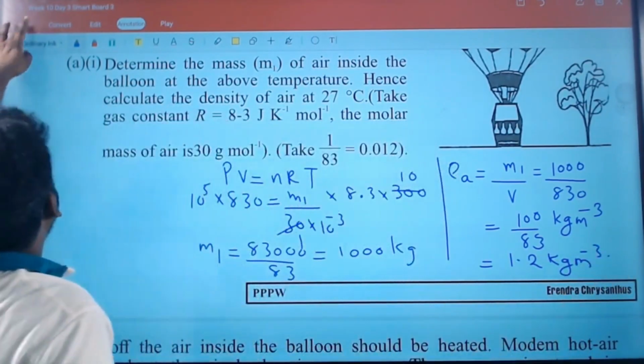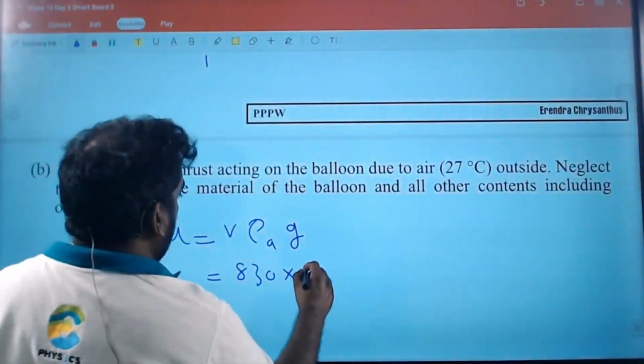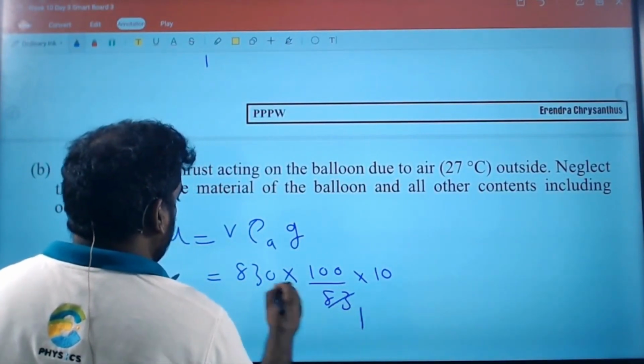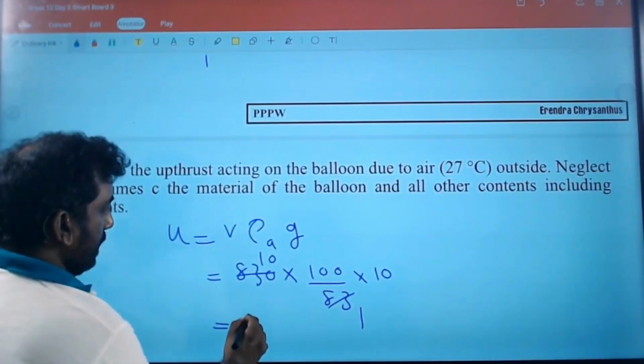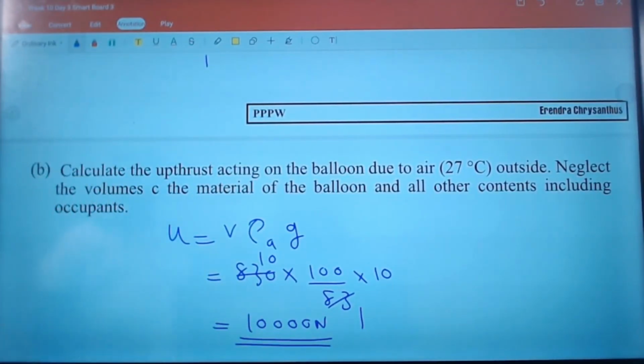So that you can use here. 100 divided by 83 times 10. 10,000 Newton. Right.